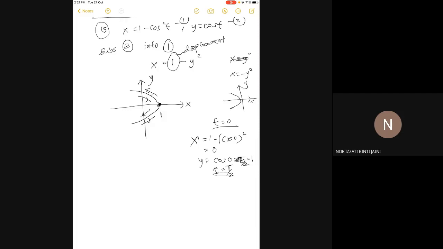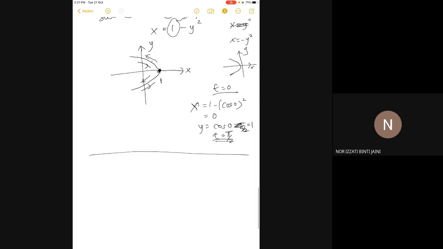Okay, number 17. x equals 5 cos 2t, given a domain of t from 0 until pi only.